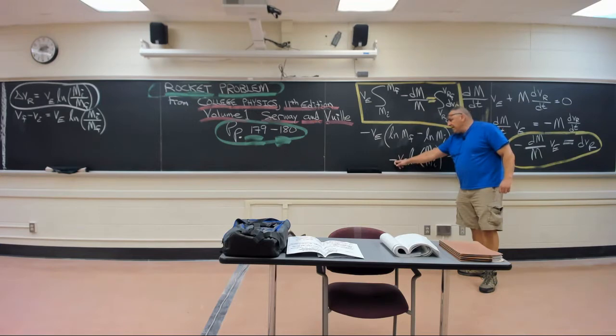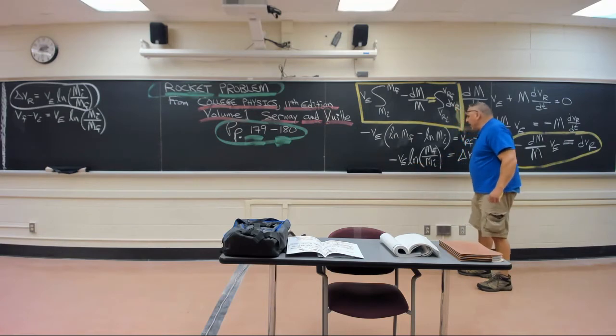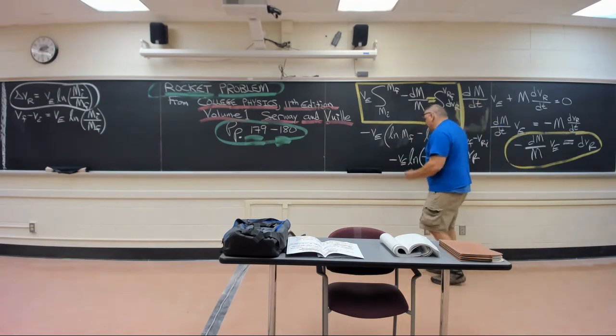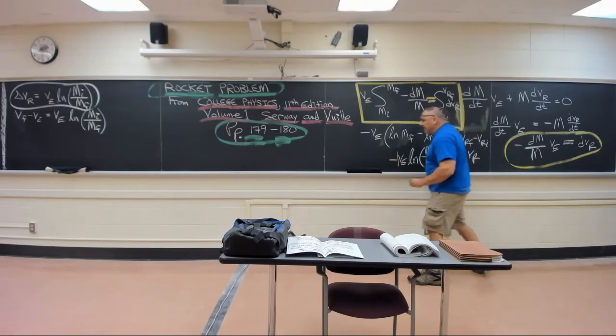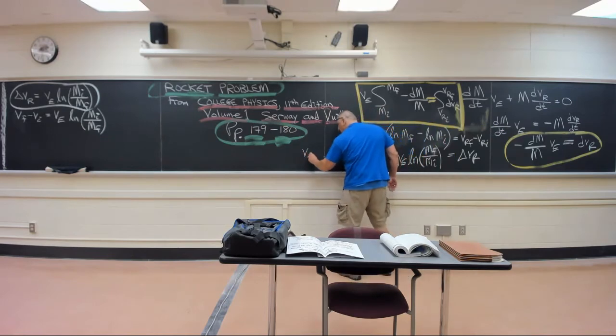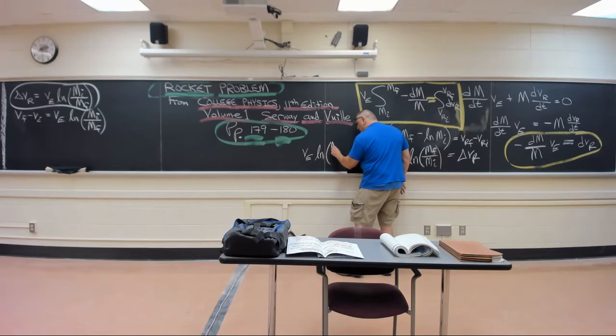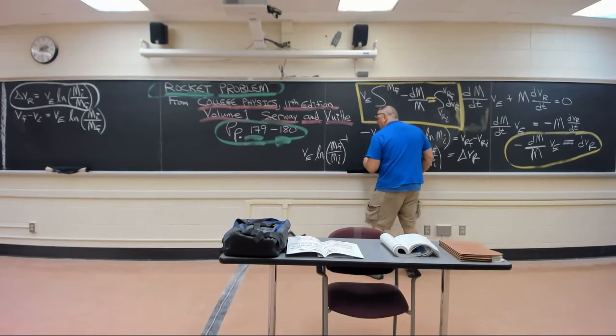The negative right here is the same as negative 1. Negative 1 times the natural logarithm of this is the same as, you could put a negative 1 right here. Negative 1 times the natural logarithm of this is, leave the VE alone, natural logarithm of MF over MI to the negative 1.